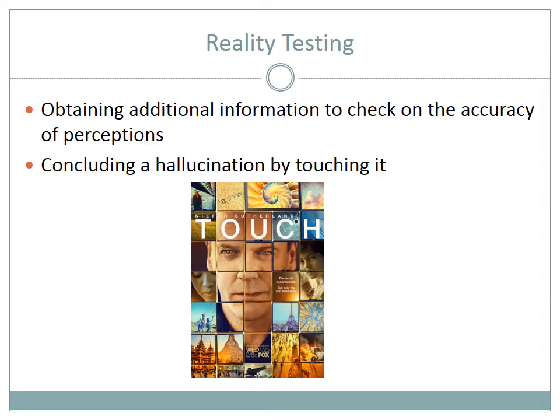Another reality testing is, it could be an auditory hallucination besides a visual one too. And there are people that reality test by turning to someone else and asking, "Well, do you see that?" or "Do you hear that?" So that's reality testing.